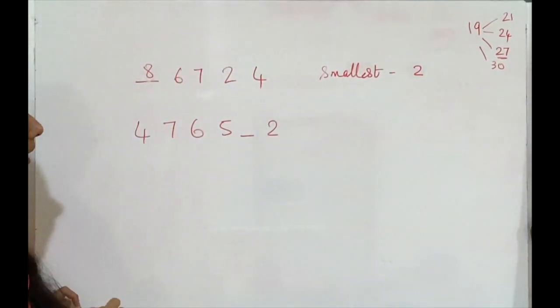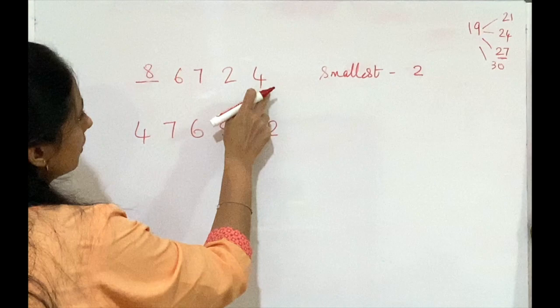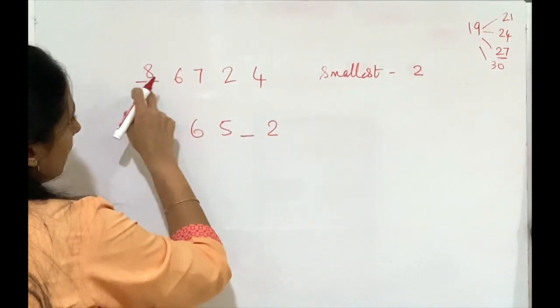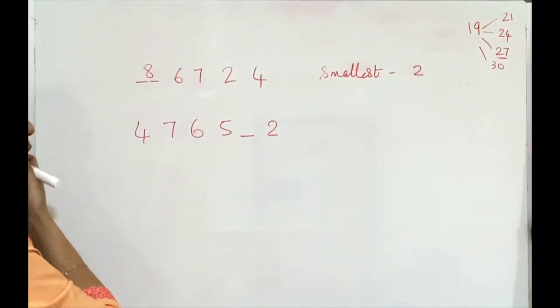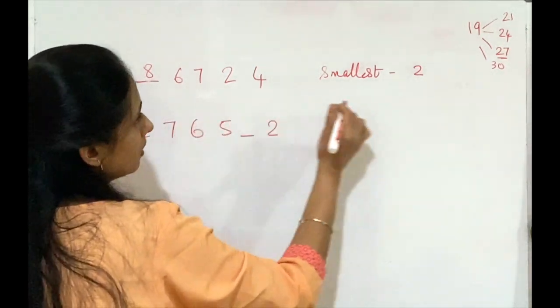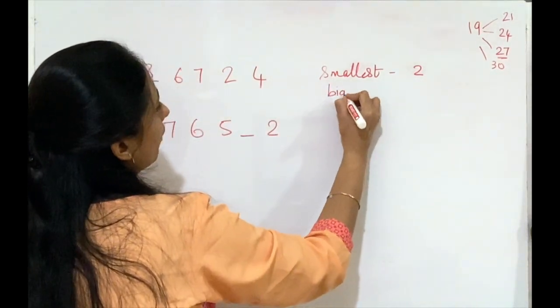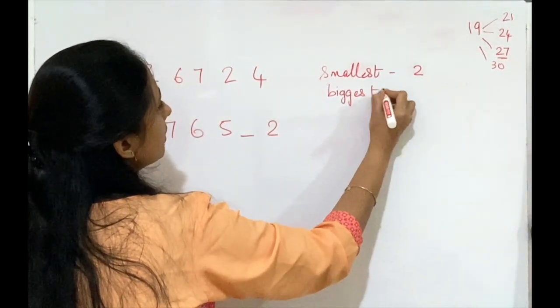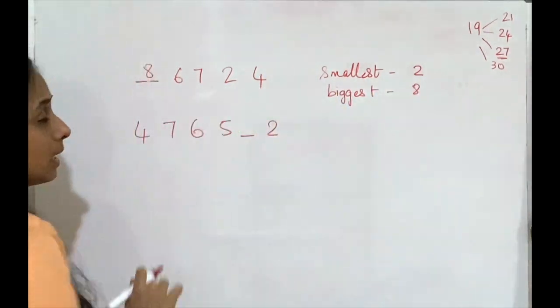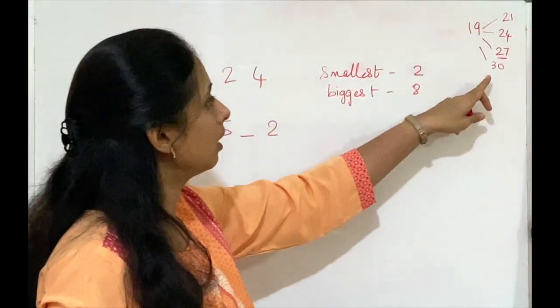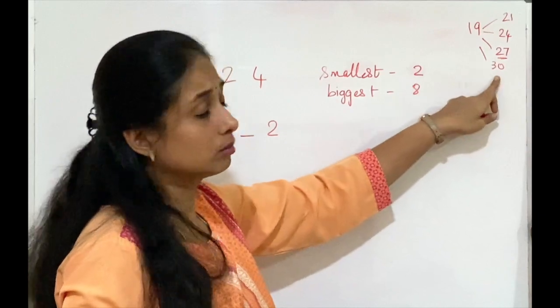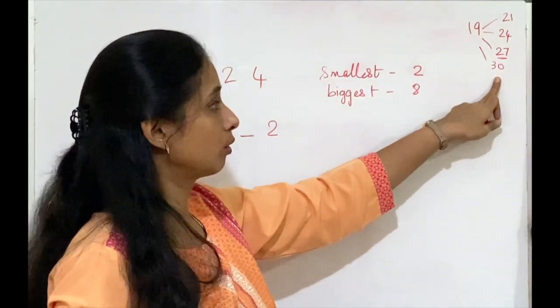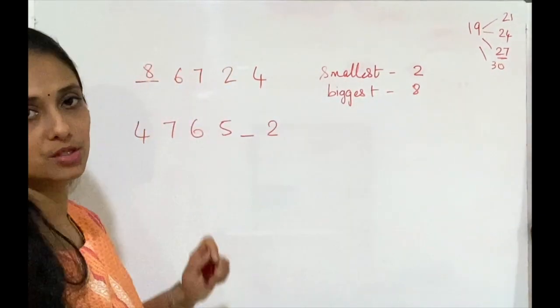So if I add 8 here, what will happen? This sum is 19. 19 plus 8 becomes 27. So that is the biggest number that you can write in the blank to make this number divisible by 3. Can you consider 30? No, because you only have one digit here.